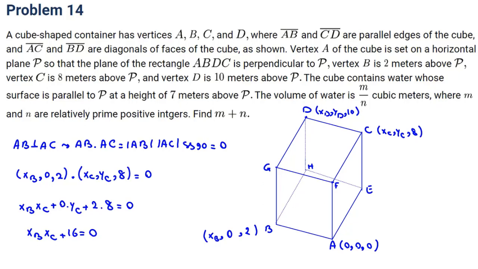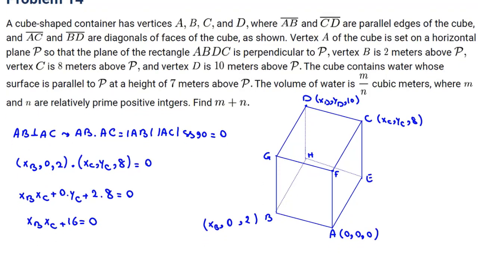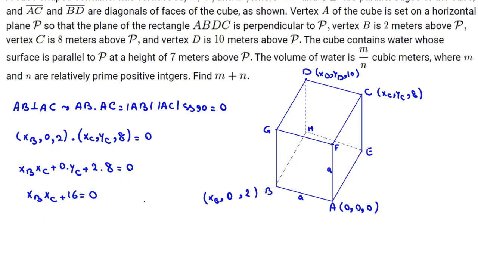Now the other thing, the problem, let's see. Because the problem says cube, so for example, if this length is a small a, AC is a root 2. Or we can say AC squared is what? Let me explain for you.